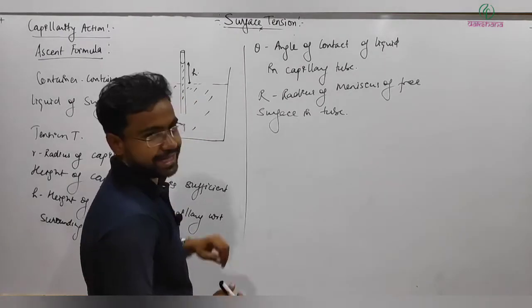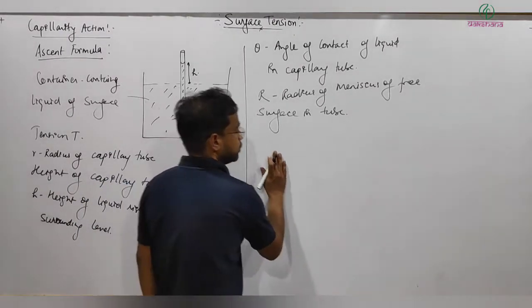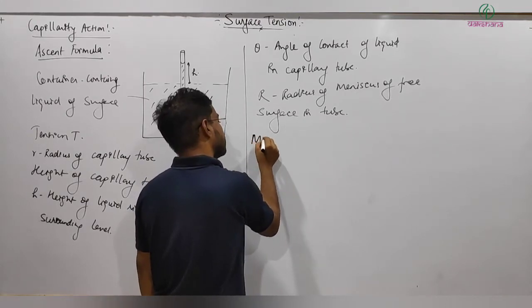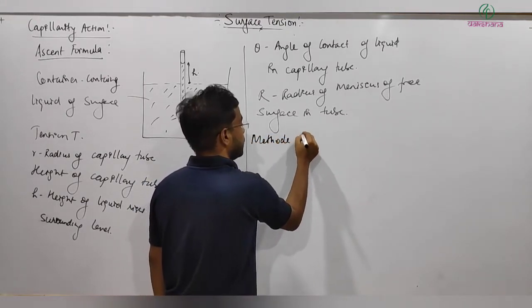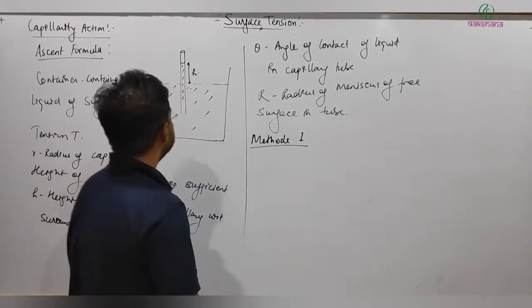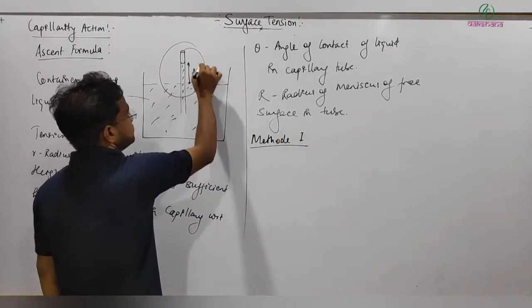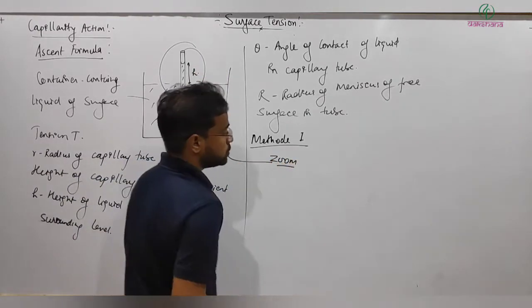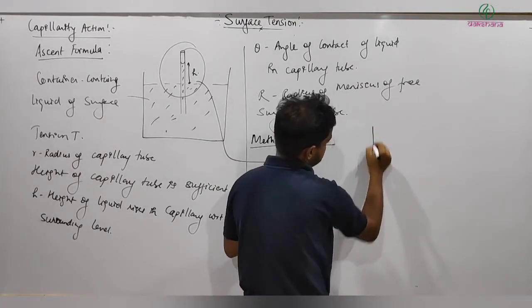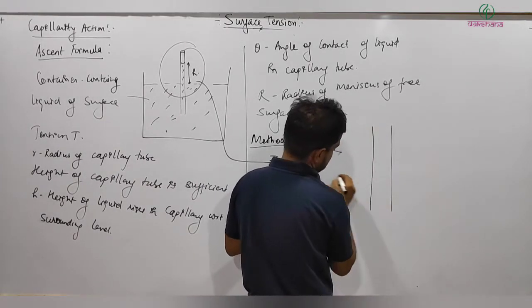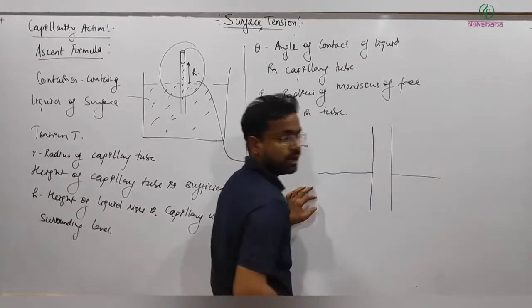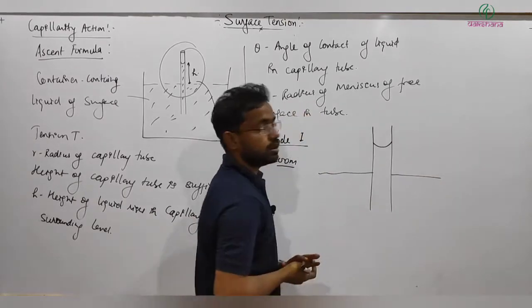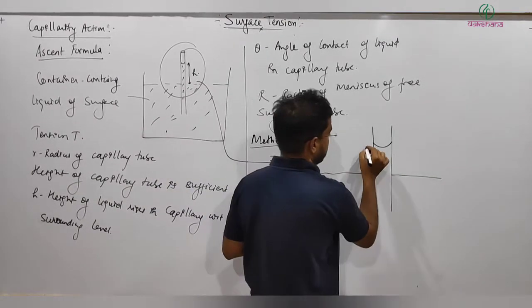So now why does this rise actually? We can understand that in two ways. Let's say method 1. First let me zoom this part. So here we have the capillary. Let's say this is the surrounding level of liquid, and this is the level of liquid in the capillary.